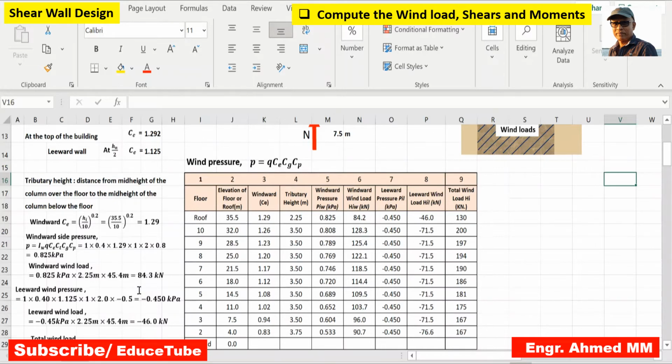So let's start with how to find a row. I am considering the roof row. Height is 35.5, so with this formula I can find the windward CE value. It is 1.29, so I put 1.29 here. I just use Excel with the formula, using the cell address.